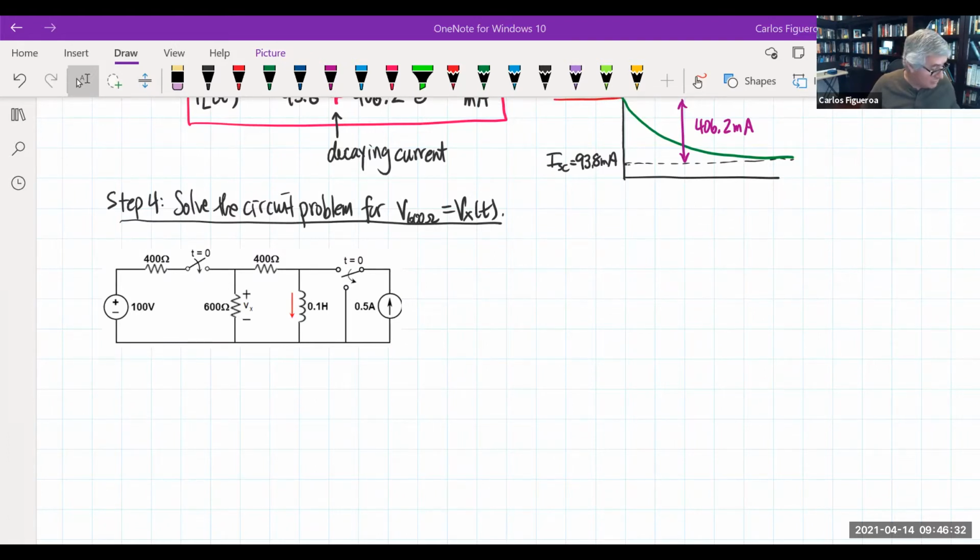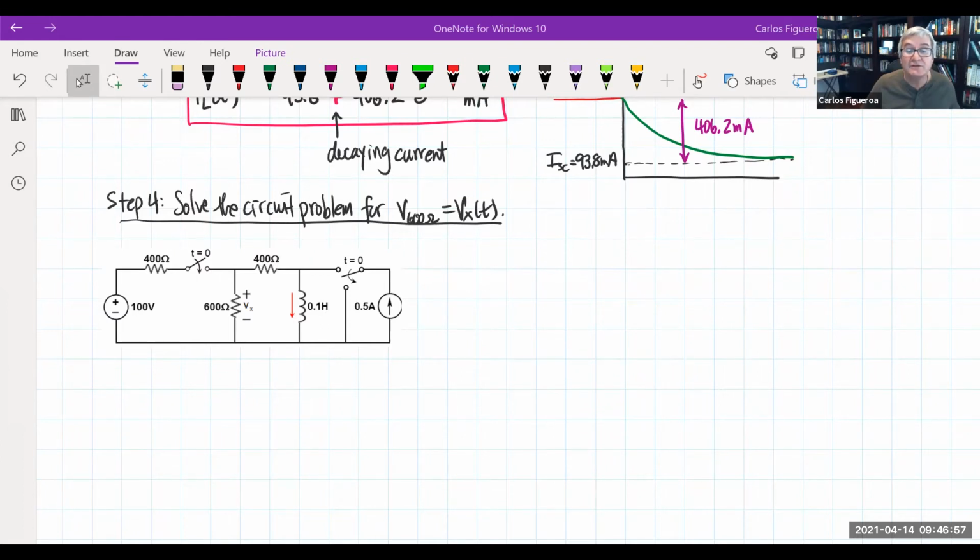And so what I want to do here is say, how do I connect one of these circuits to the other? How do I connect the inductor current to that 600 ohm resistor?